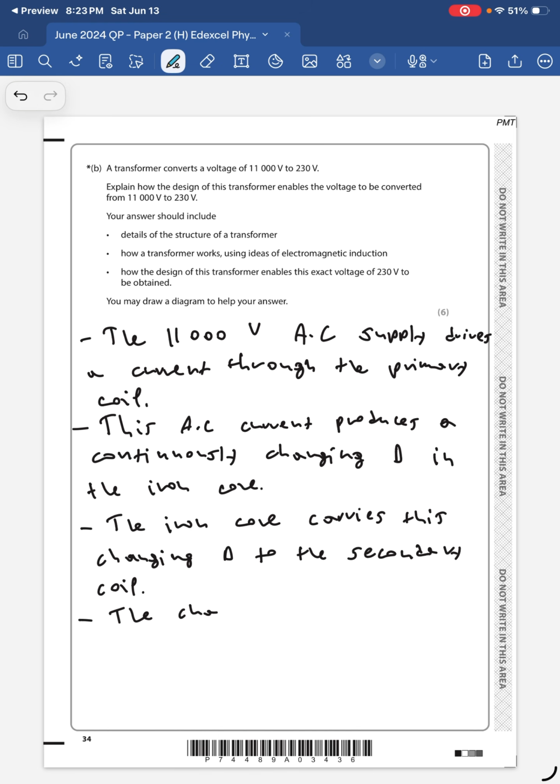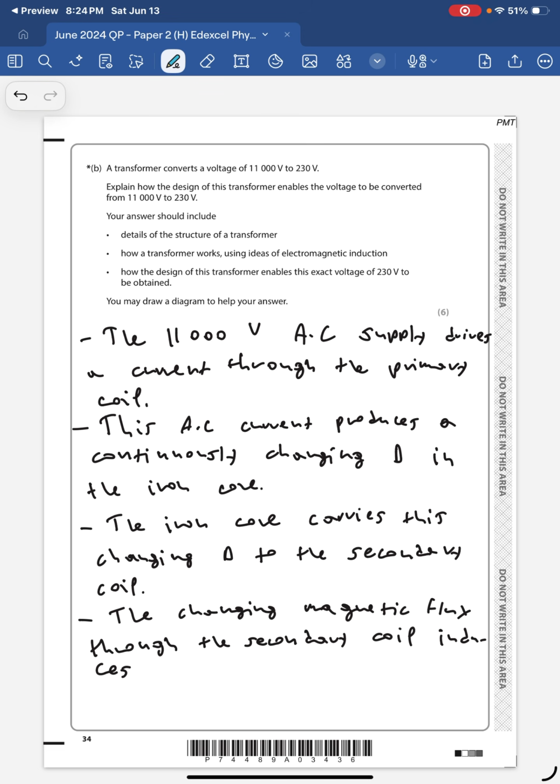The changing B, actually the changing magnetic flux is proper, so the changing magnetic flux through the secondary coil, okay, induces an AC voltage in the coil by induction.